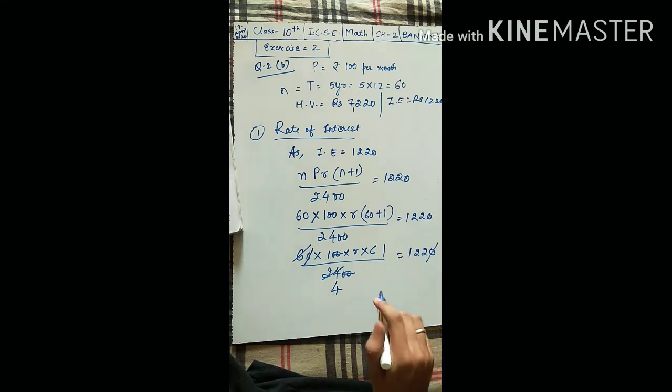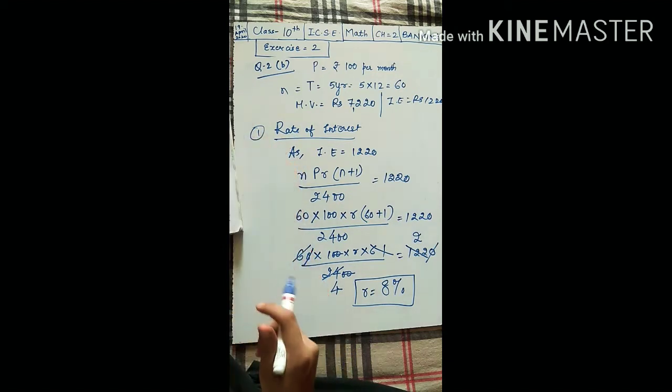Then this 61 can directly be cancelled with this one 2 times, because 61 into 2 is 122. Take this 4 this side, so r is equal to 4 twos are 8, that is 8%. So the rate of interest is 8%. This is the answer of the first question.